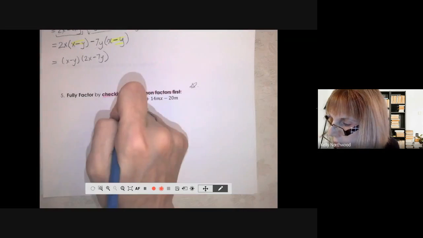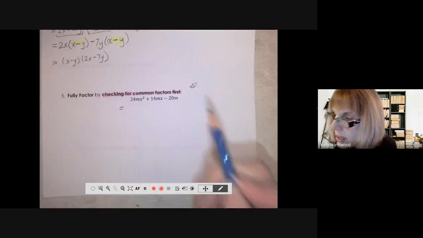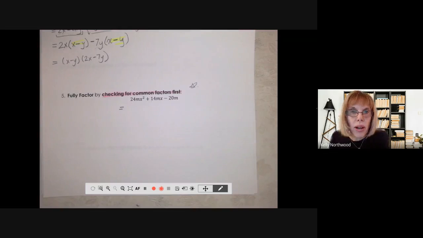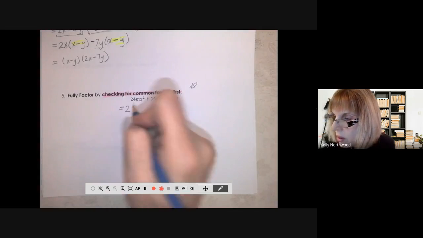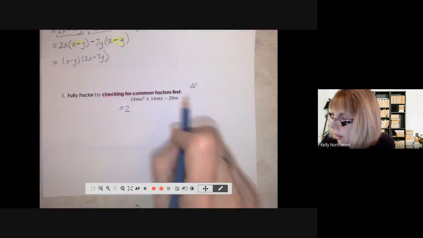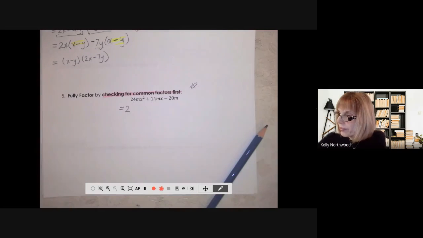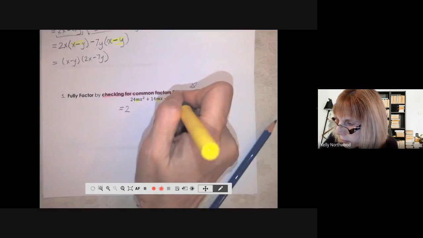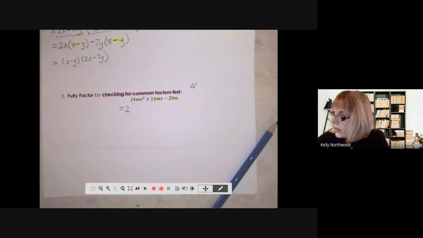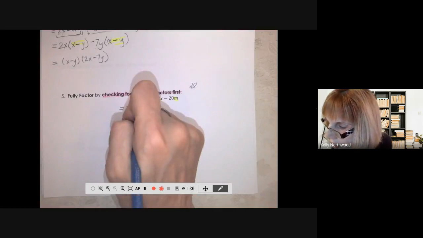So if you look at this one, all of the numbers are even, which means at least 2 goes into all of them. You could check 4, but 4 doesn't go into 14, so 2 is common. And they all have an m as well. So 2m is common to all of them.